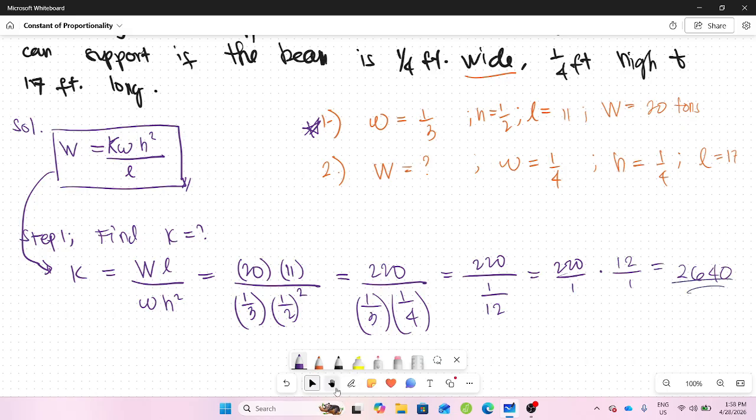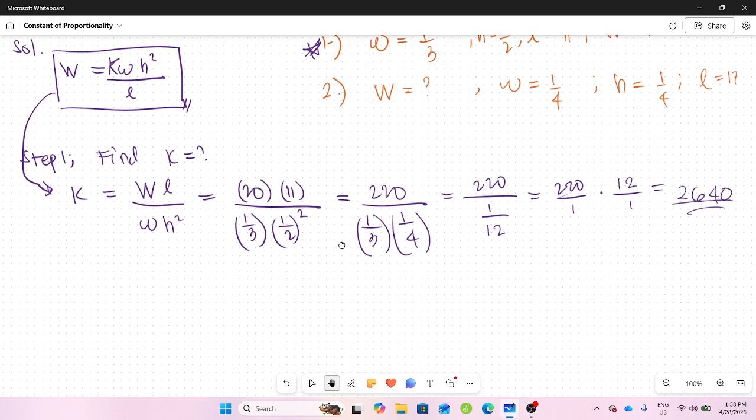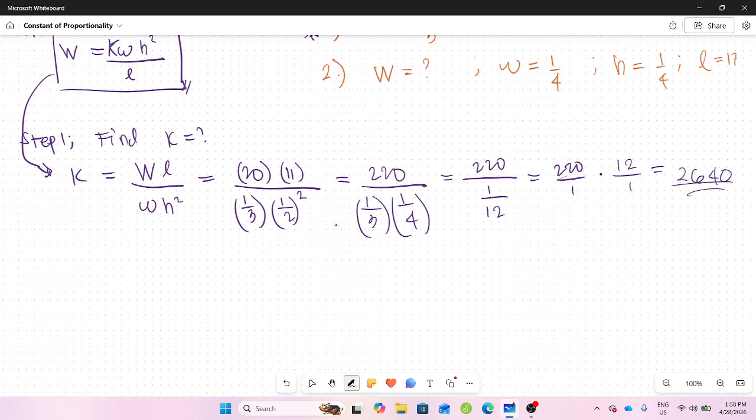Now let's proceed to step number two and solve for the maximum weight that this beam can withstand.